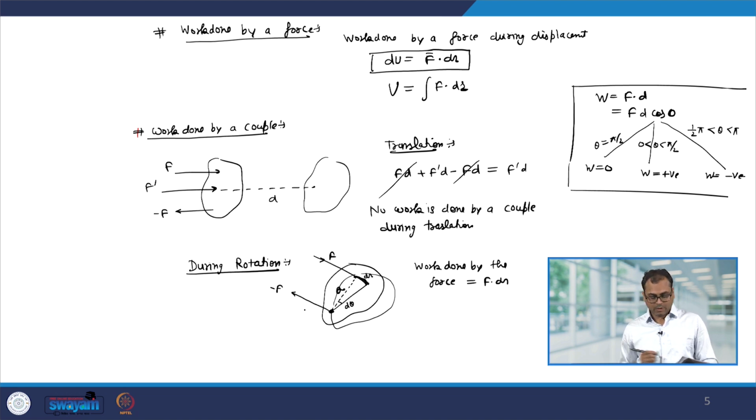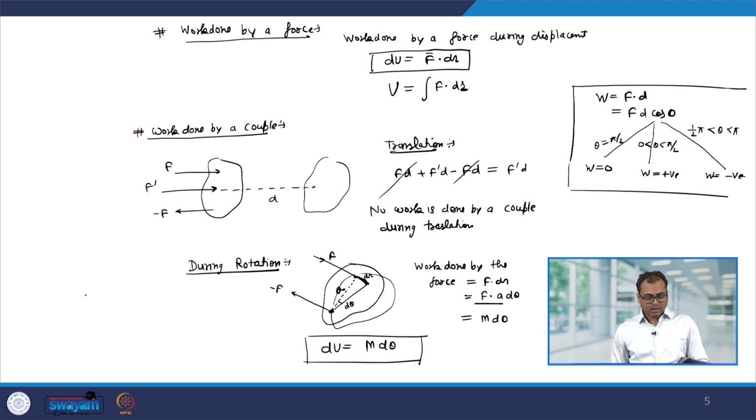So, it will be F dot dr, and this F dot dr is related by A d theta. Now, you also know that force into the distance between them, so one of the forces and the distance between them is the moment. So, therefore, this becomes M d theta. Therefore, during rotation the work done by the couple will be dU equal to M d theta.